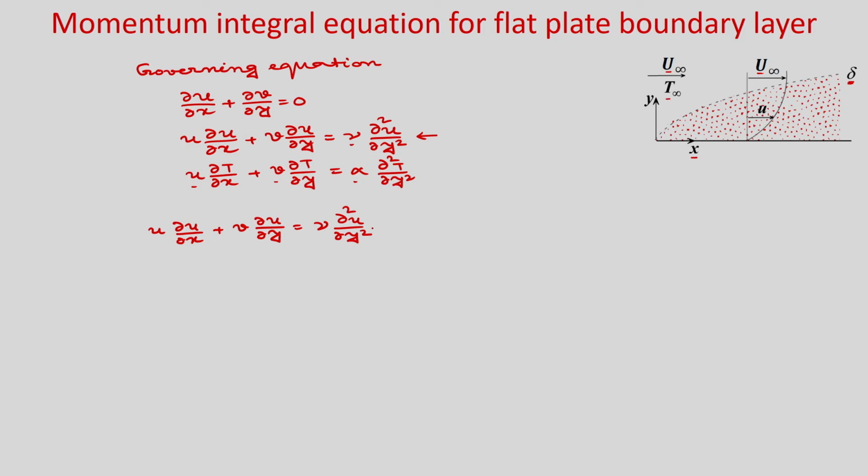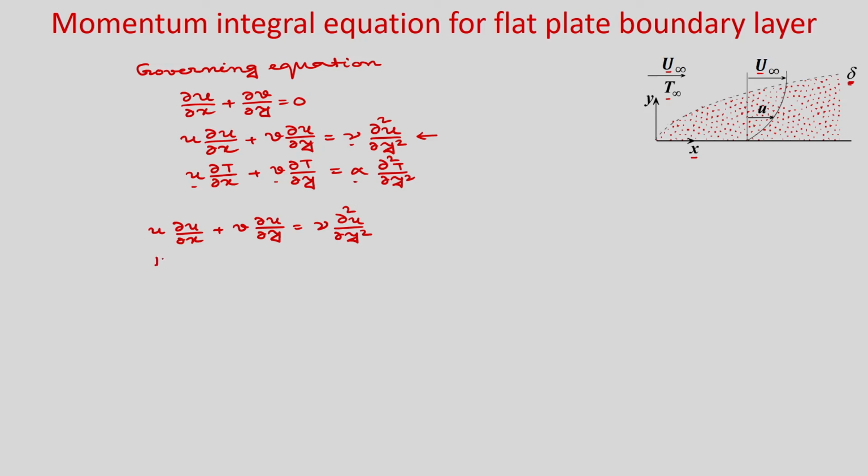So, now let us integrate this equation in the boundary layer, that is 0 to delta. As we are using the integral approach, obviously in the y direction we are using delta and in the x direction it is an infinitesimal distance dx.